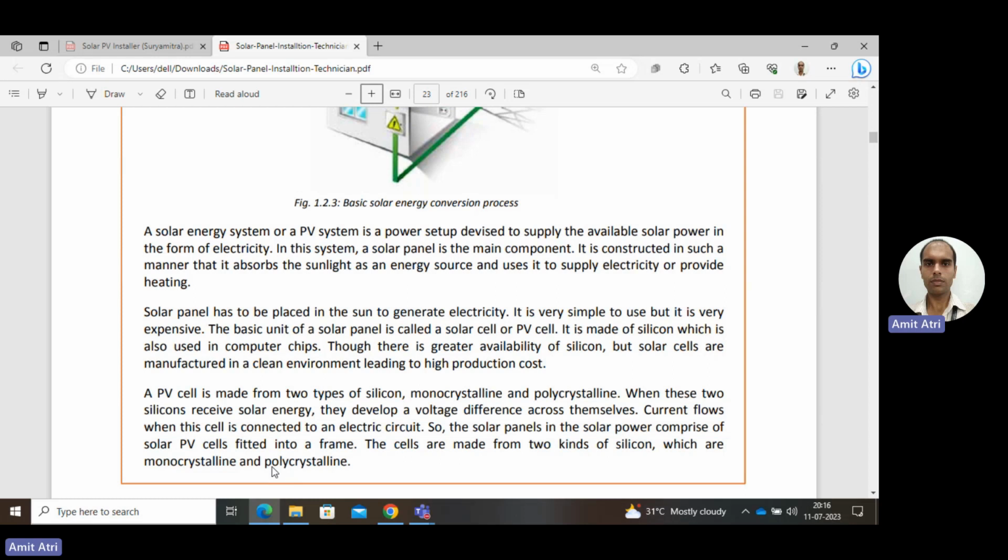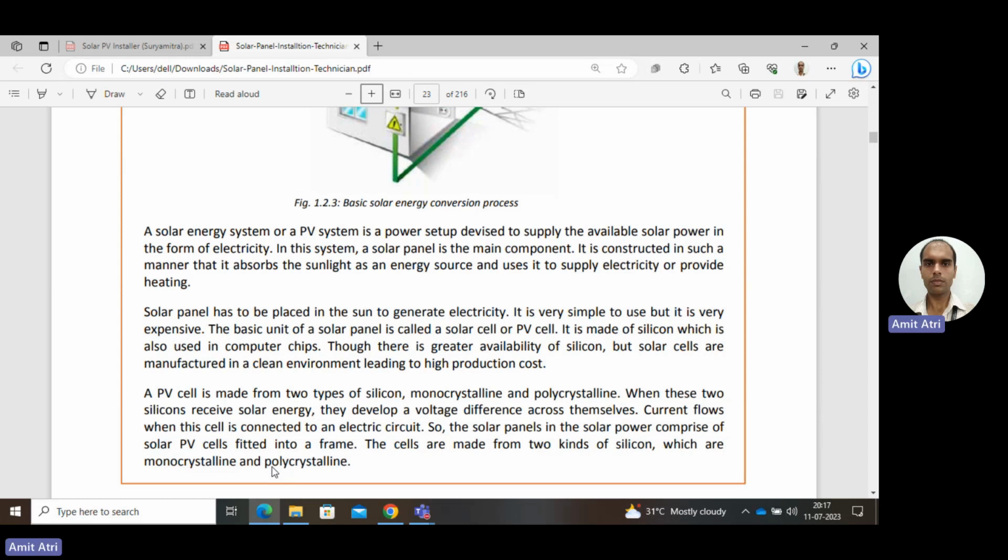It is constructed in such a manner that it absorbs the sunlight as an energy source and uses it to supply electricity or provide heating. It's not only electricity, we can also obtain heat energy from the sun. The solar panel has to be placed in the sun to generate electricity. It is very simple to use, but it is expensive.